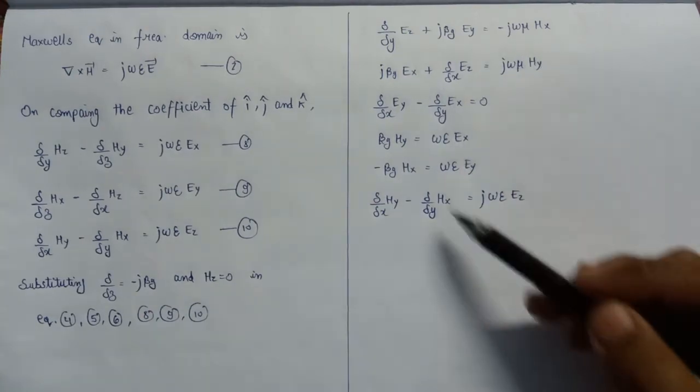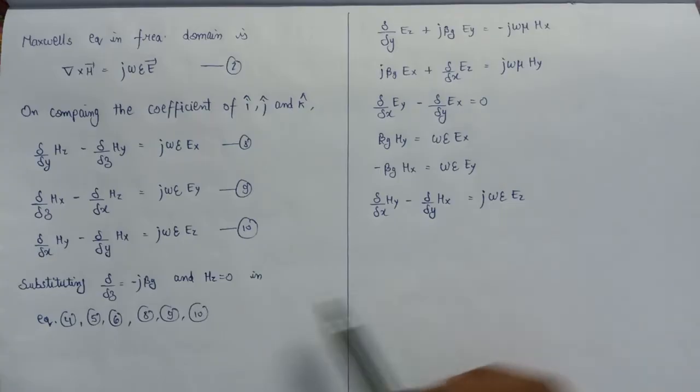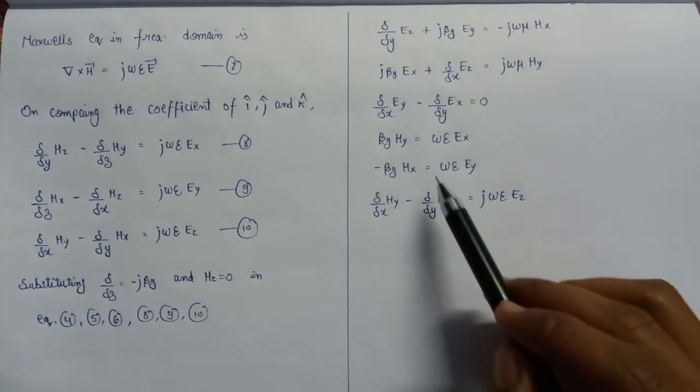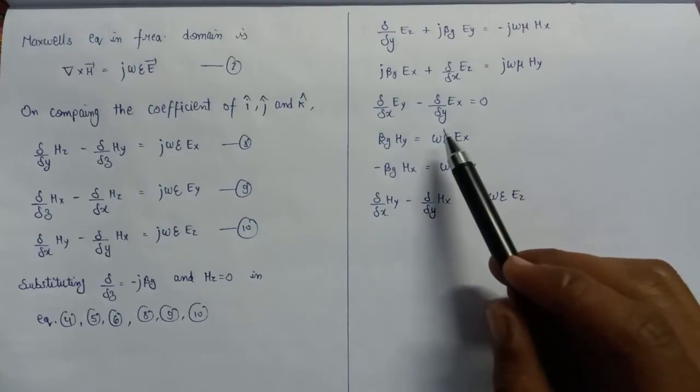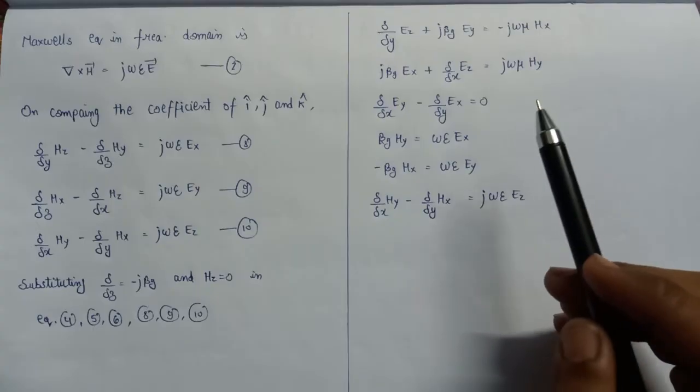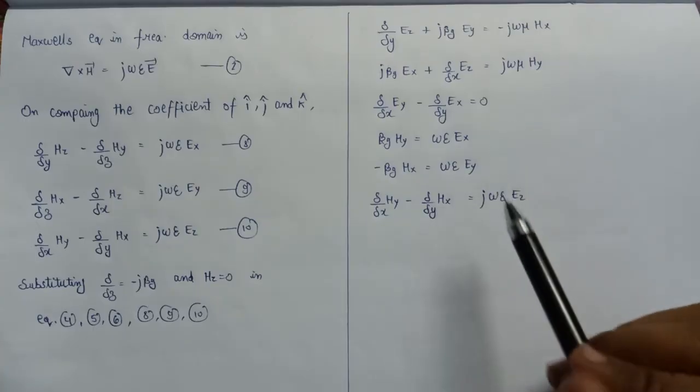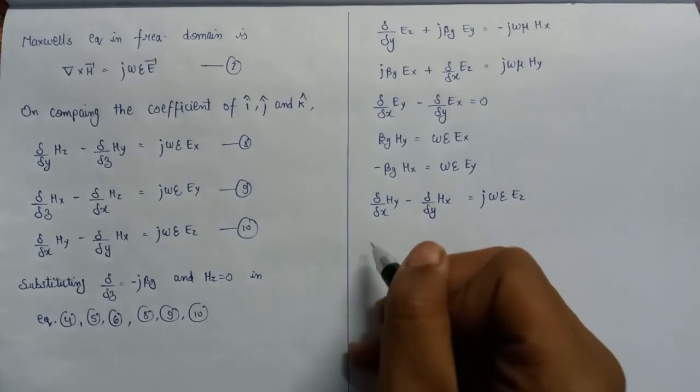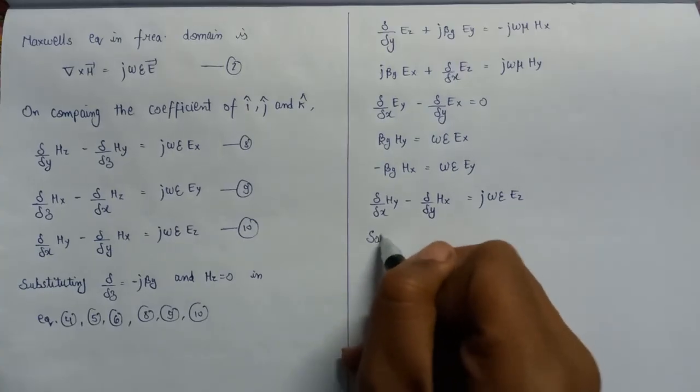Now these are the 6 equations that we get after application of these boundary conditions. If we solve these equations and find out the value of the components Ex, Ey, Ez, Hx, Hy and Hz in terms of Hz only, then the solution is given as follows.